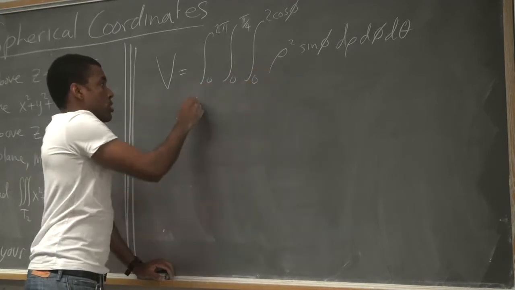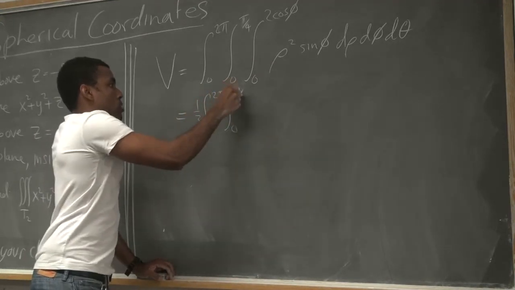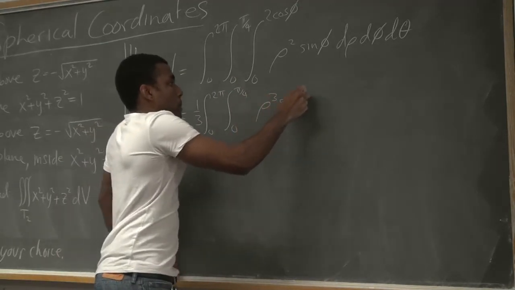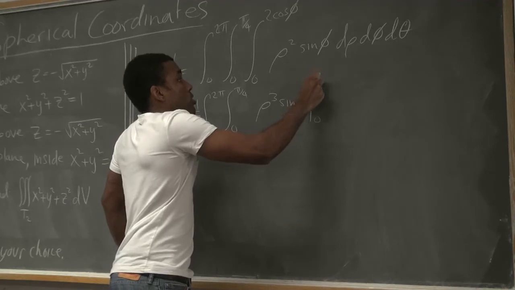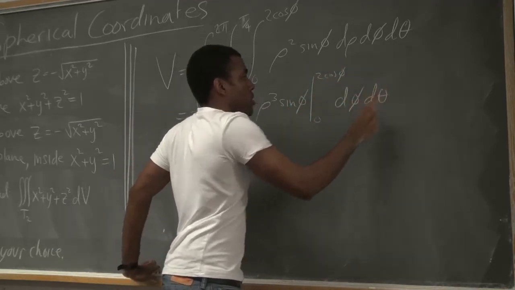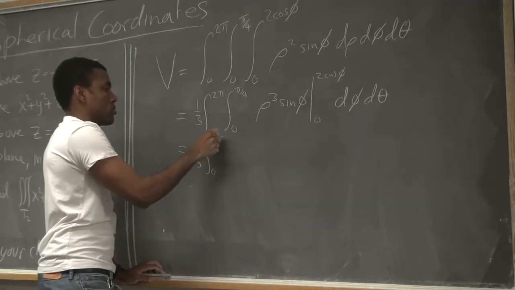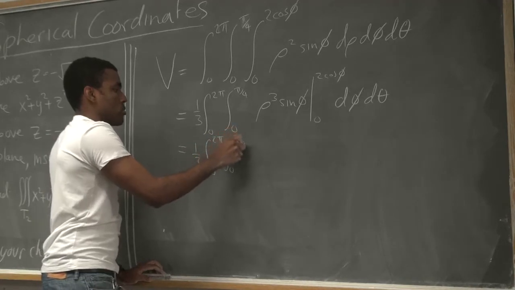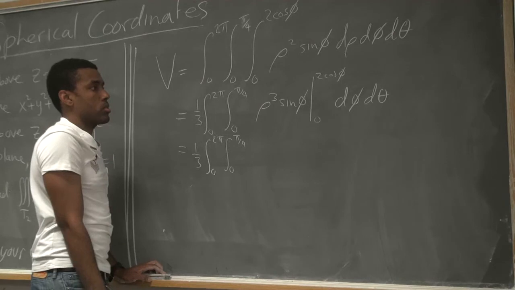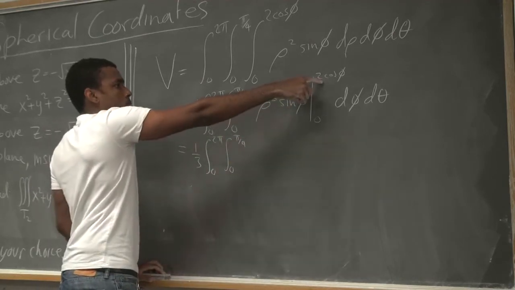Rho cubed over 3. And go between 0 and 2 cosine phi. I have to put the fundamental theorem of calculus first.